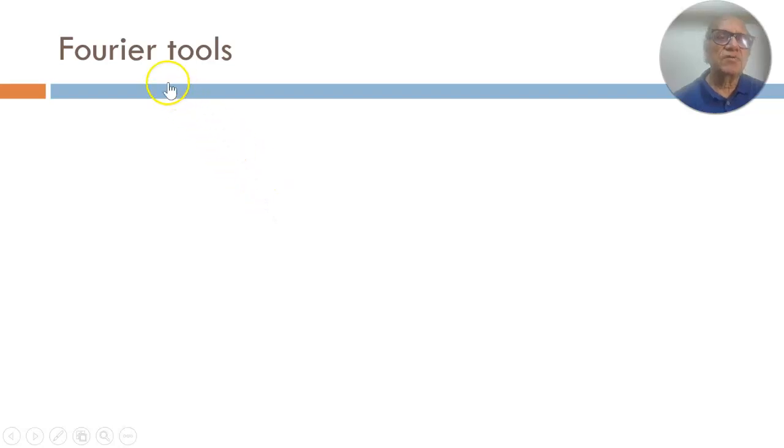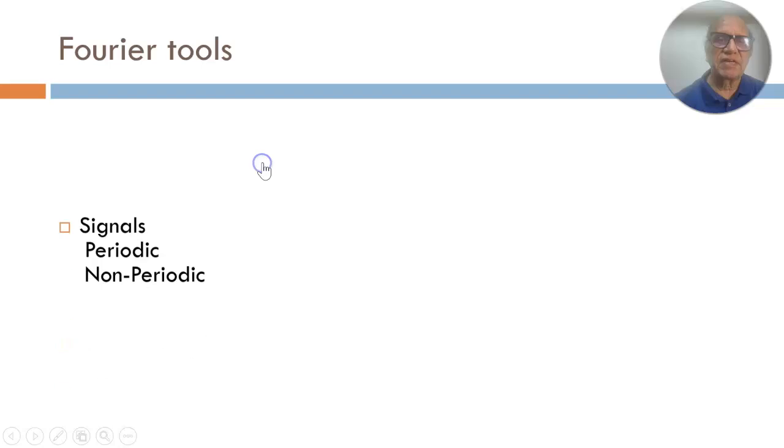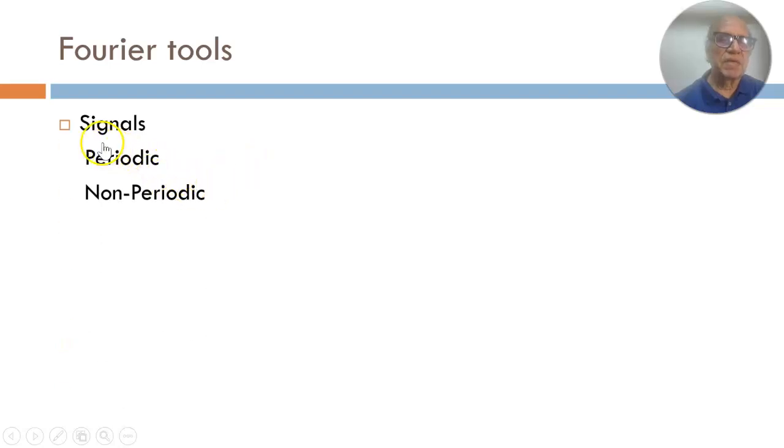And in order to see which Fourier tool we are going to use, let us look at the classification of the signals first. You can subdivide them into periodic and non-periodic types. Periodic signals, all of us are well aware of. Of course, the purest is the sine wave, which means there is a single line. You don't have to do any calculation.